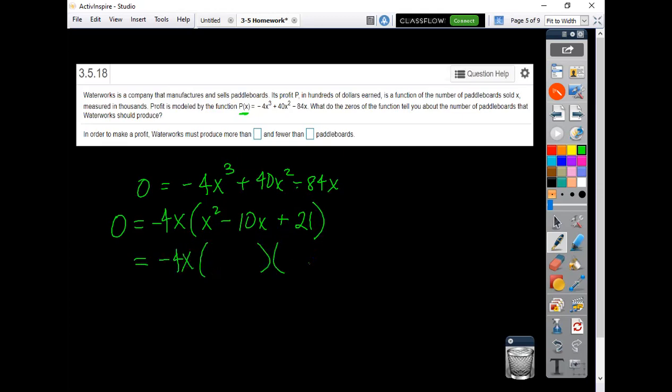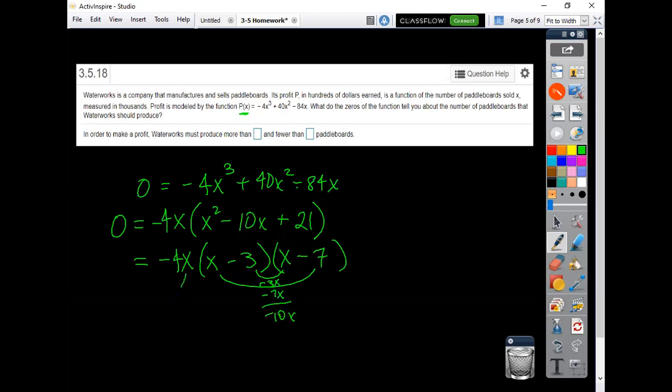I'm explaining all this as I go, just in case somebody's watching. Because 21, I'm thinking 3 and 7: negative 3 times negative 7 makes a positive, but when you add the negative 3x and the negative 7x together, you're going to get the negative 10x here in the middle.